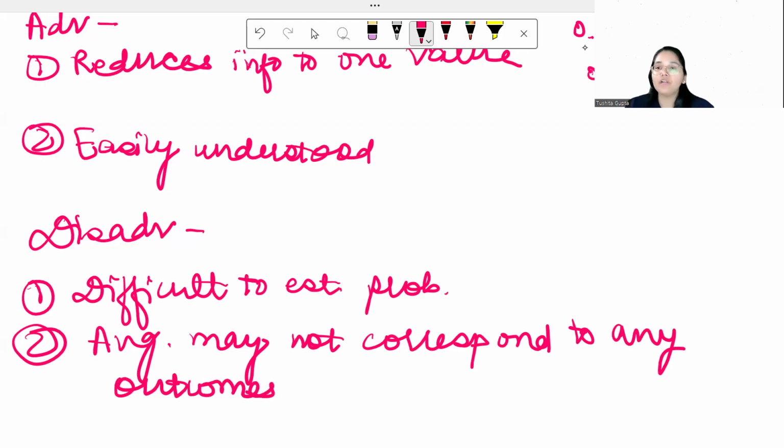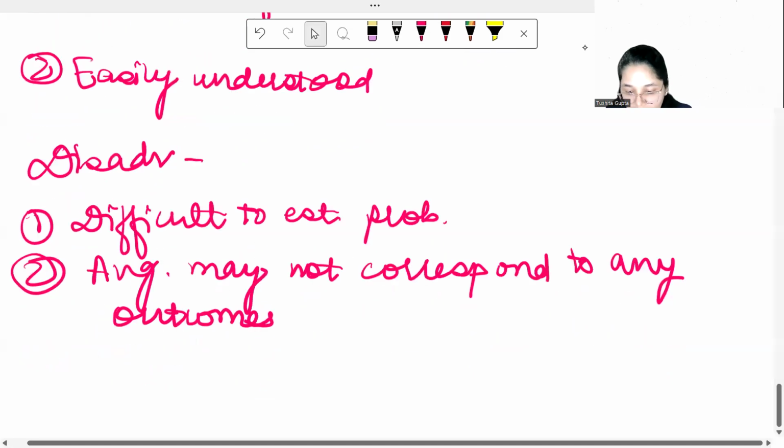Let's suppose there are different outcomes and you calculated the expected value. Expected value is nothing but the average, which is the weighted average. Whatever outcome you actually get may be very different from the weighted average. So this is one disadvantage that this method has.